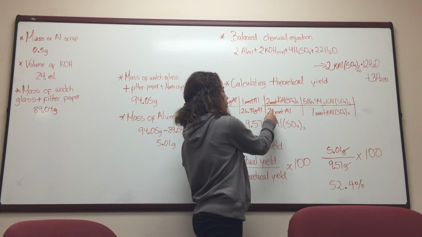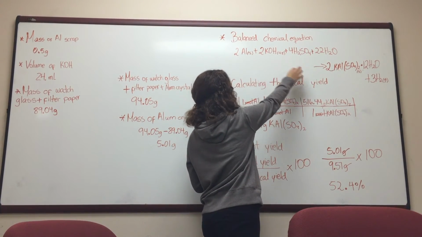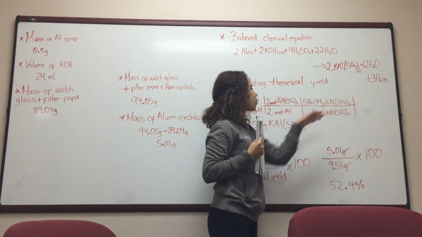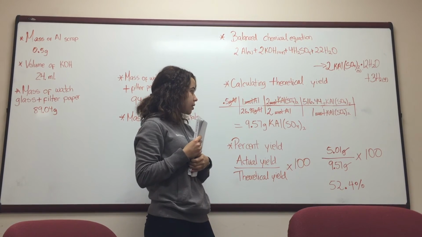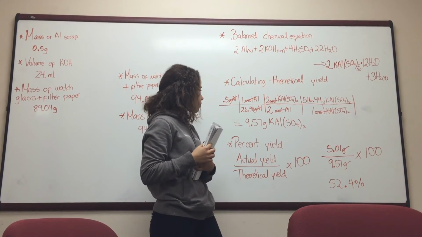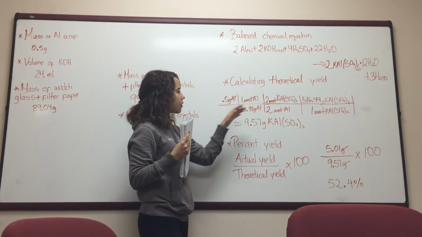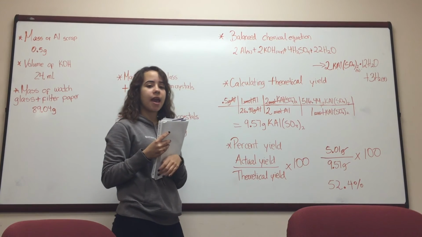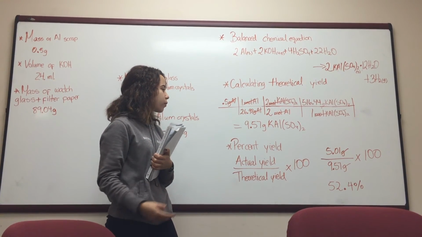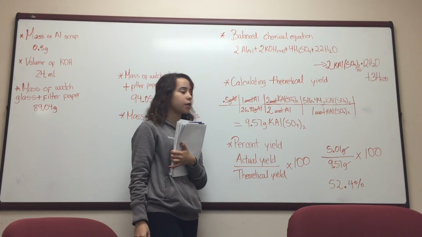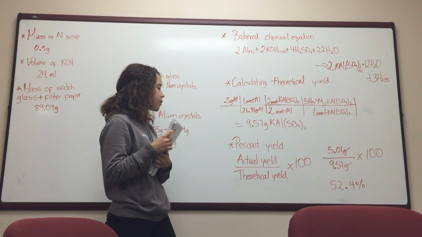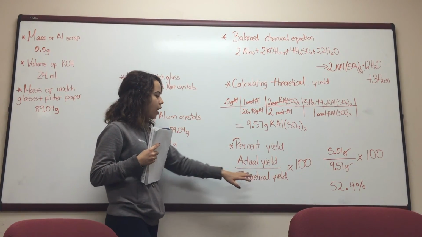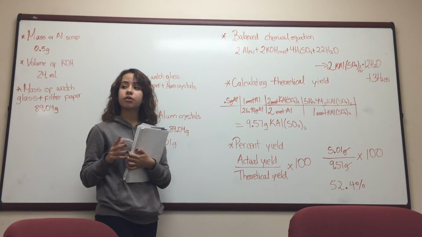So we use 2 and 2, which come from this and this, and our molar mass for this compound, which is 516.44 grams. Then as a result, we cancel out everything, getting our mass of KAl(SO4)2, which is 9.57 grams.